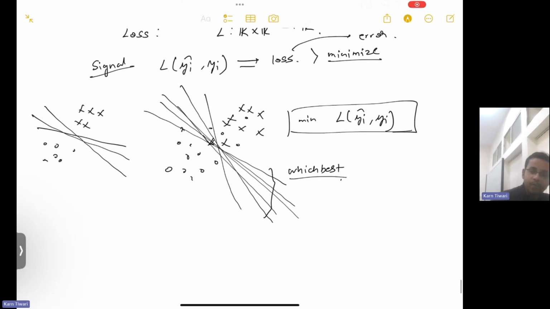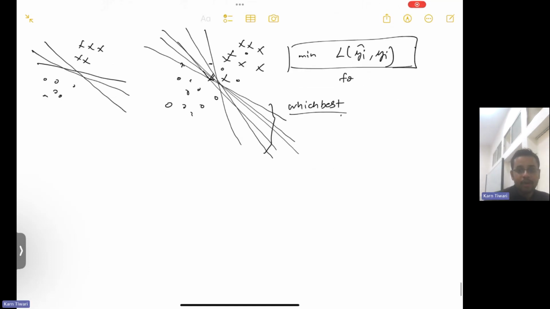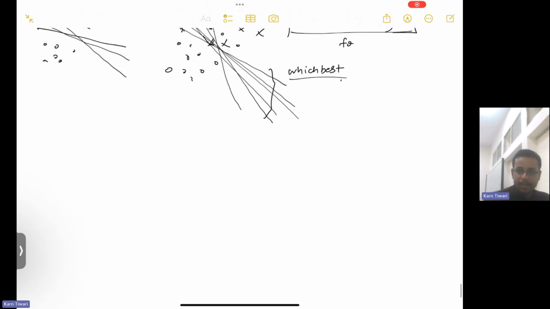So we are going to pick the model f_theta which minimizes this quantity. That will be the best one. It's all about finding a model having very little loss.